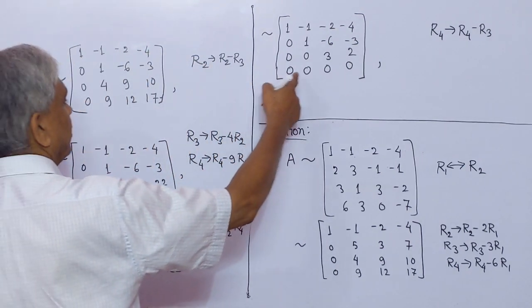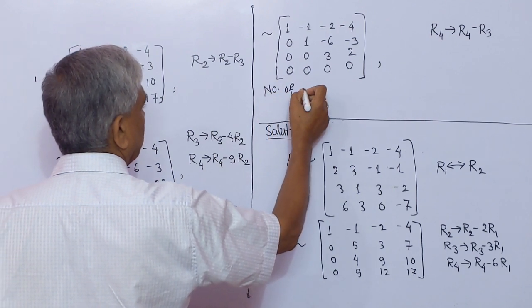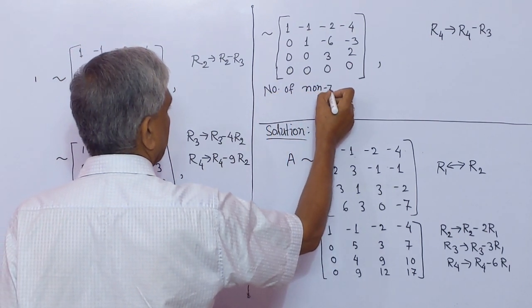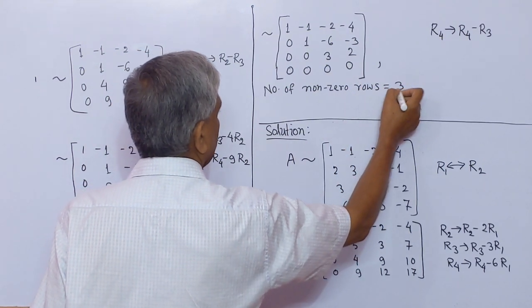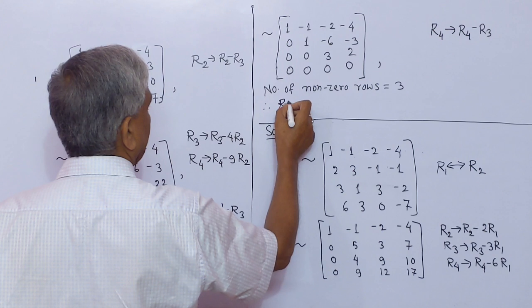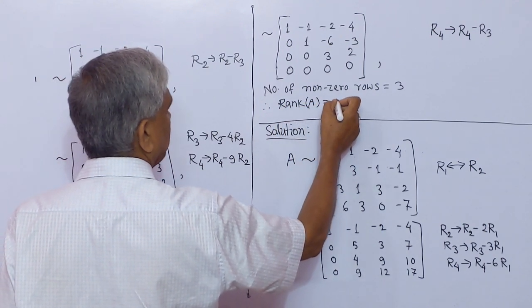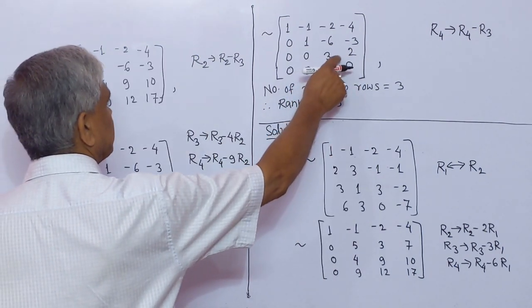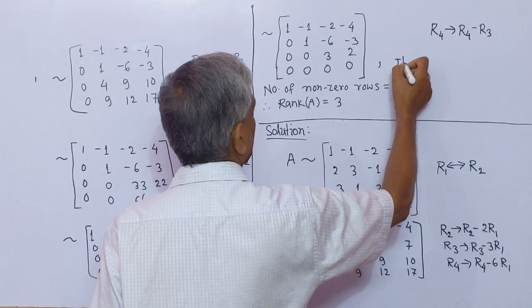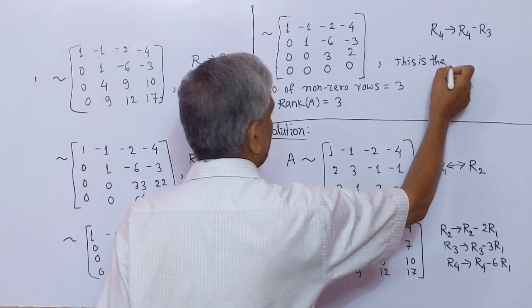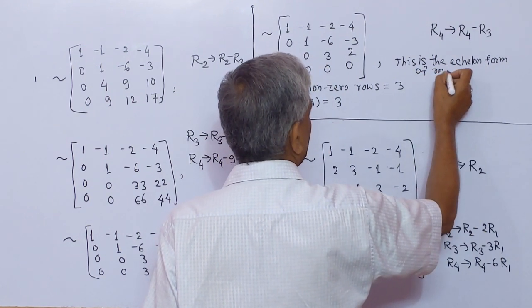So the number of non-zero rows is equal to 3. Therefore rank of A equal to 3. And this is the echelon form of the matrix A.